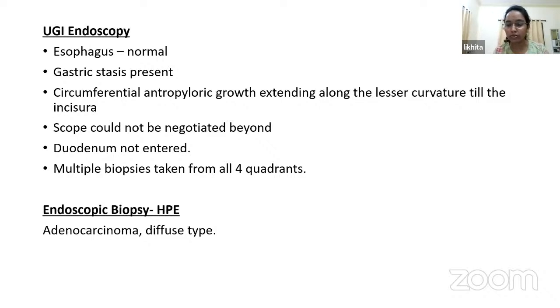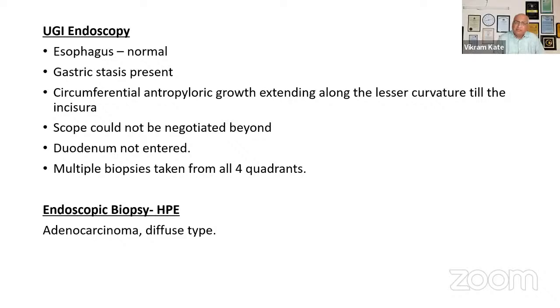What is the other name of the Lauren classification morphology? Sir, I'm not sure, sir. It is otherwise called diffuse and intestinal.